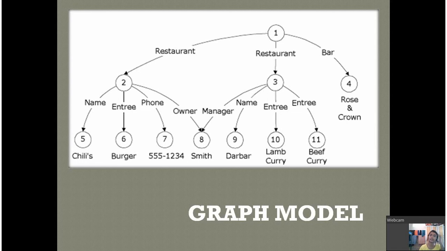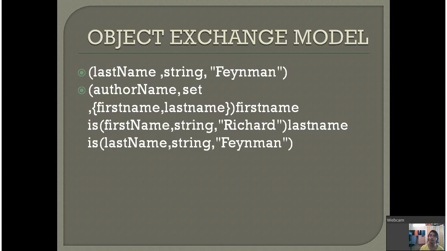So first for an XML document we create a graph model, and then later using the graph model we create an object exchange model. The object exchange model should be clean and clear, so that as soon as we see it, we should be able to figure out what is present there.